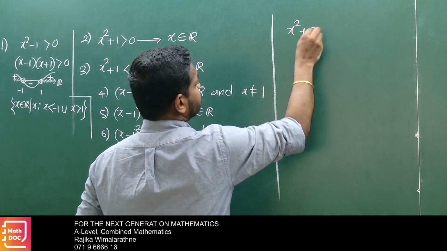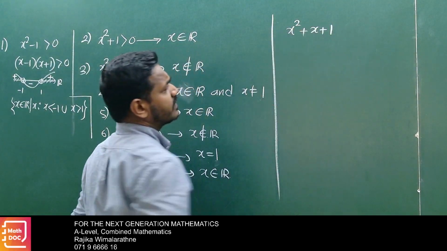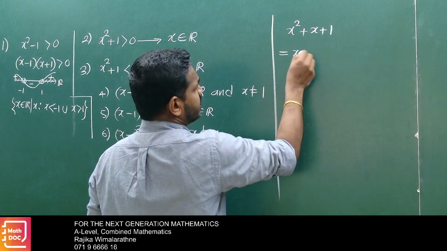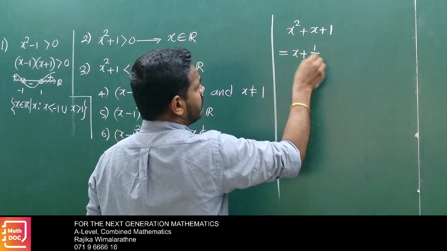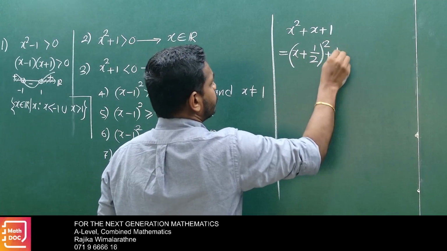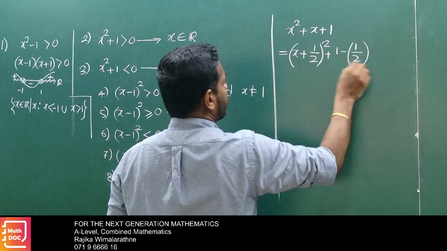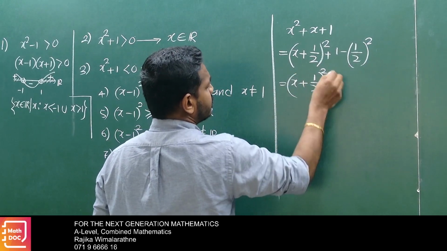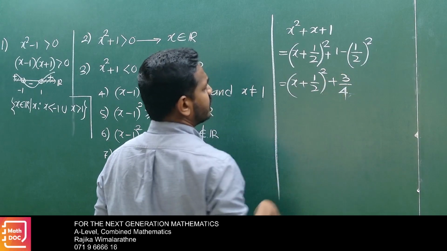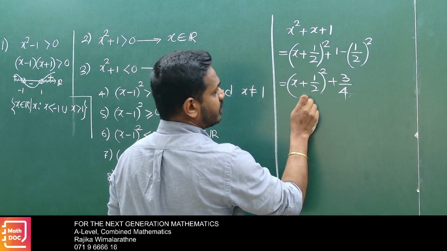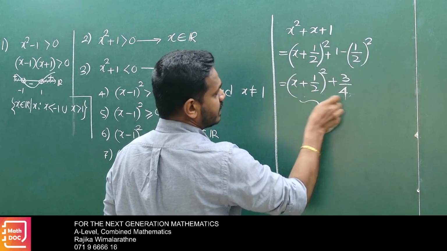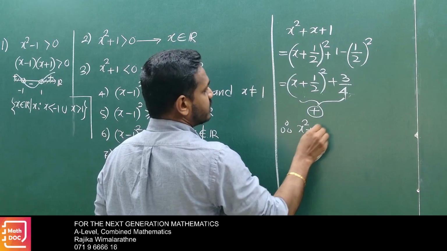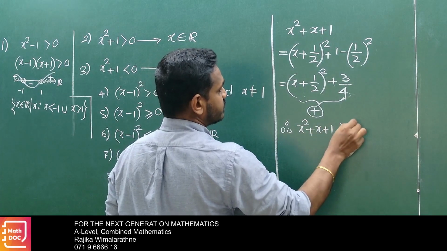Consider x squared plus x plus 1. Here, completing the square, x plus 1 over 2 squared, plus 1 minus 1 over 2 squared, which gives x plus 1 over 2 squared plus 3/4. Here the square is positive, and with this 3/4 it is completely positive, no? Therefore remember x square plus x plus 1 is a positive relation.